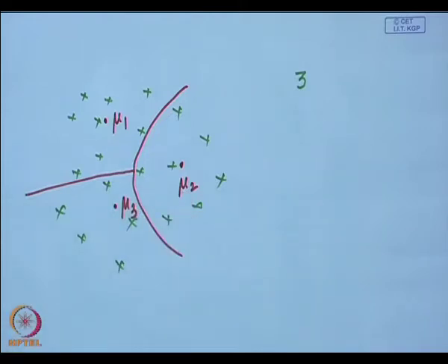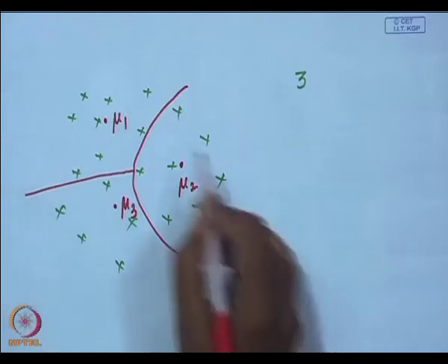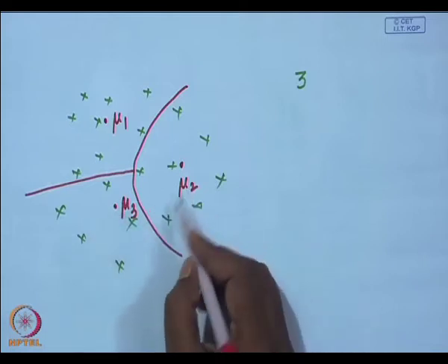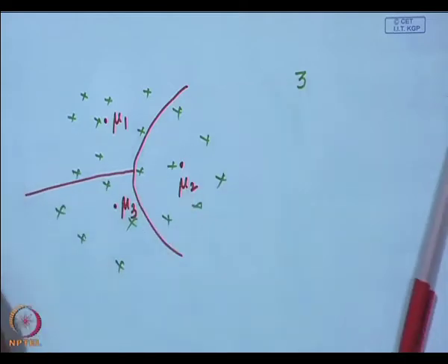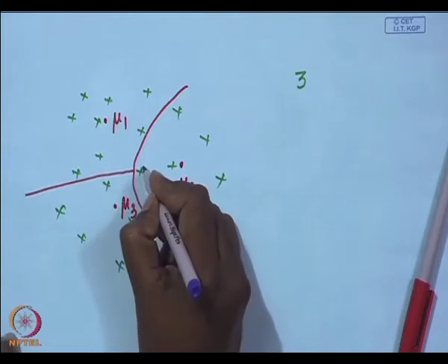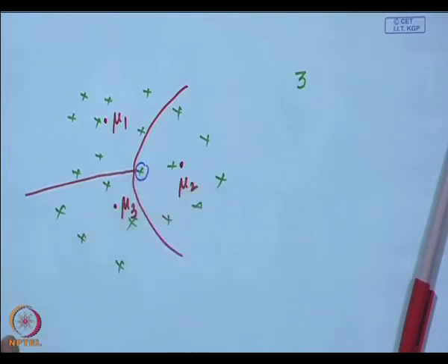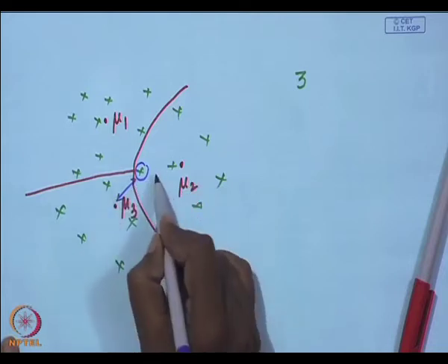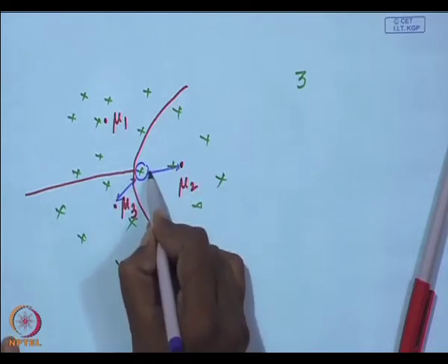Now, once I form these cluster centers, in the next iteration, for each of the samples, I find out which cluster center is nearest to that particular sample. So, it may be possible that this particular sample, its distance from mu 3 is less than its distance from mu 2.